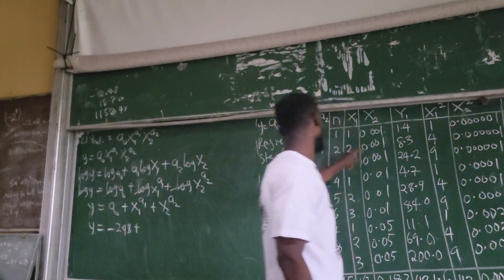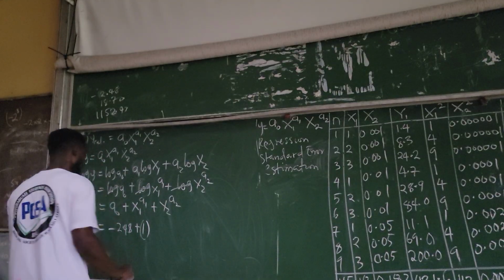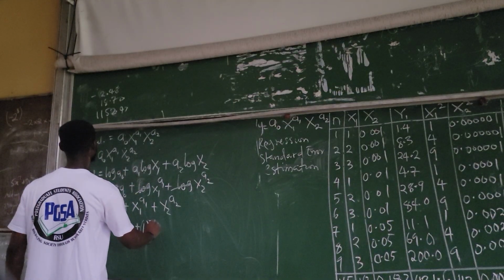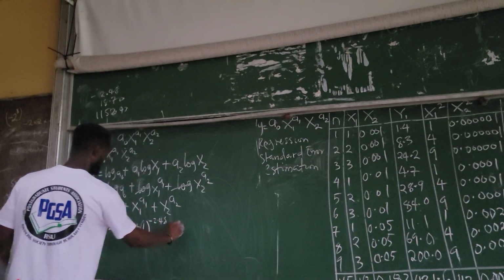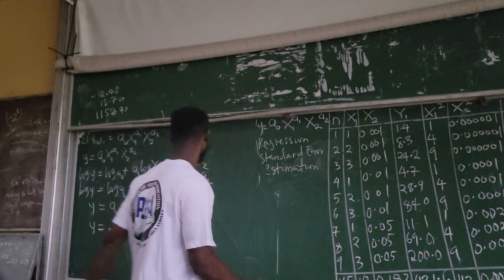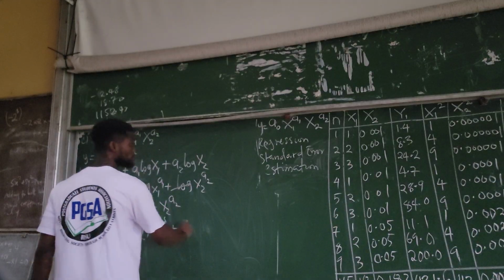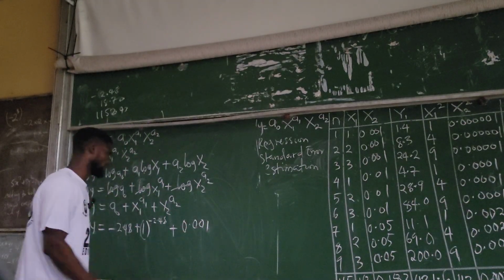X1 for that column is 1. So we have 1 raised to power our A1, that is 18.70, plus our x2 for that column is 0.001.